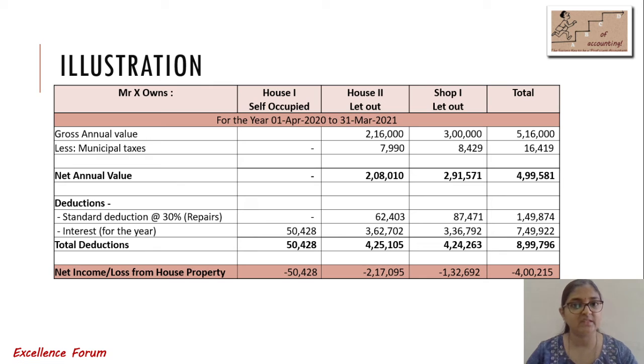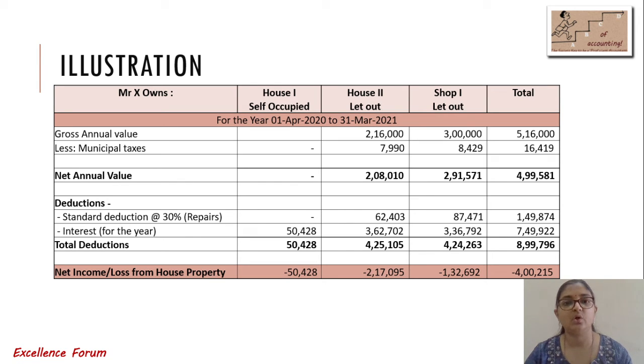The next example is a let out house, for which we will consider that suppose the gross annual value or the rental income is rupees 2,16,000. Then the municipal taxes can be deducted from such income, and the other deductions allowed are the standard deduction of 30%, which is for repairs of that property, and whatever interest that he has paid for that property, interest on loan, that is also allowed as a deduction.